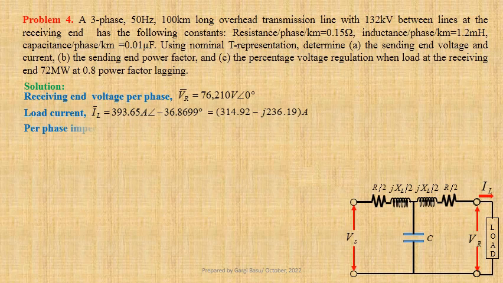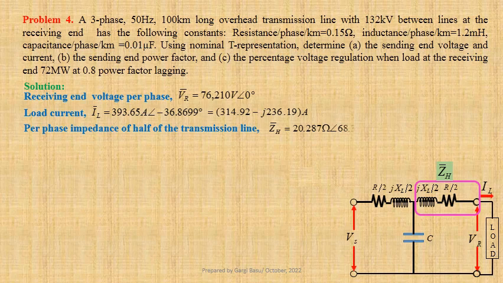Per phase impedance of half of the transmission line ZH equals 20.287 ohm at an angle 68.3 degree, and capacitive susceptance per phase Yc equals 3.1416 into 10 to the power minus 4 mho.